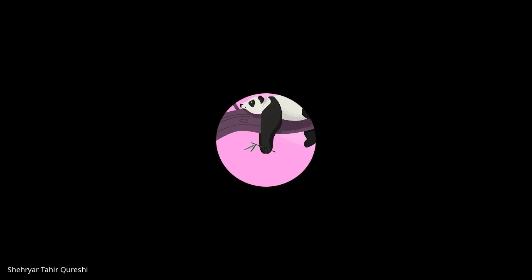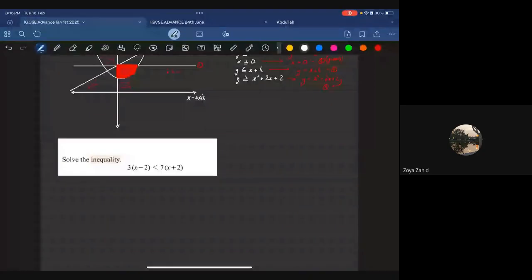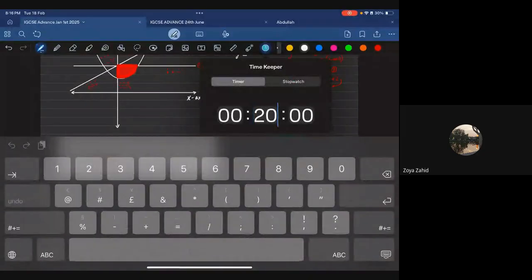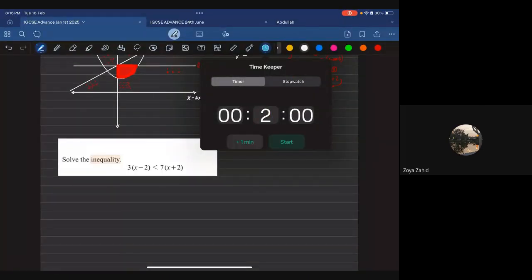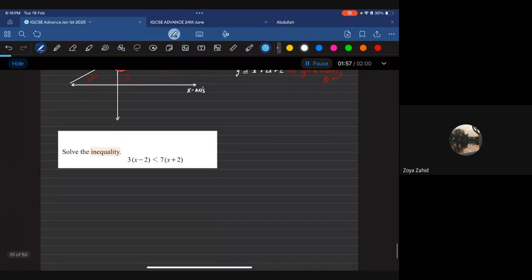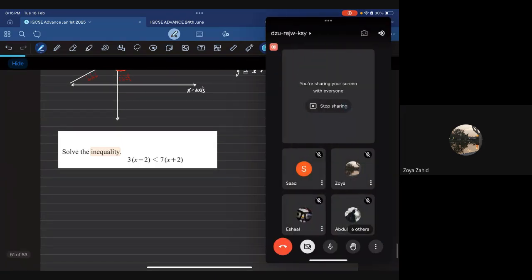This one is easier. This is a very simple inequality question. I'm giving you guys 2 minutes to solve this one. And your time has started now. This one. Solve the inequality. Whoever's done, kindly raise your hand too.